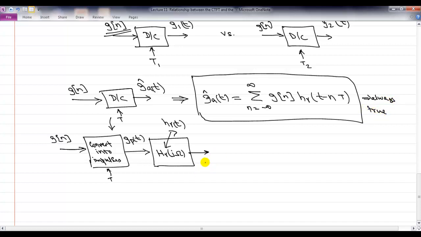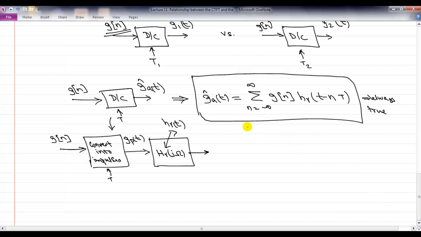What does sinc interpolation mean? That HR of j omega is a perfect ideal low pass filter with height capital T. But even if this is not a sinc interpolator, if this is not an ideal low pass filter, this boxed equation always holds.